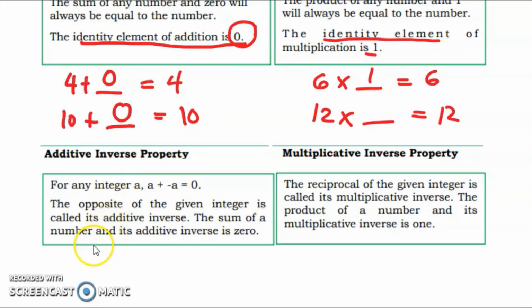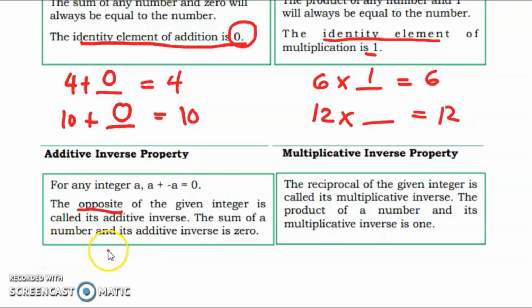So, kapag meron kang number, tas inadd mo yung additive inverse niya sa kanya, ang sagot doon 0. Now, paano ba natin kinukuha yung additive inverse? Opposite siya nung number. So, kung meron kang positive, yung additive inverse niya negative. Kung meron kang negative, ang additive inverse naman niya ay positive.